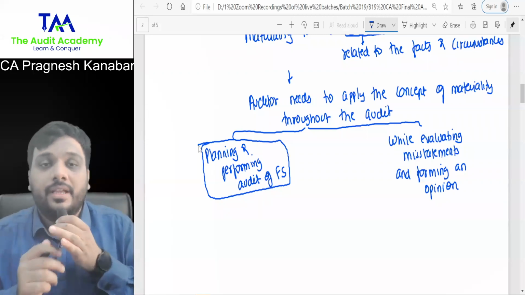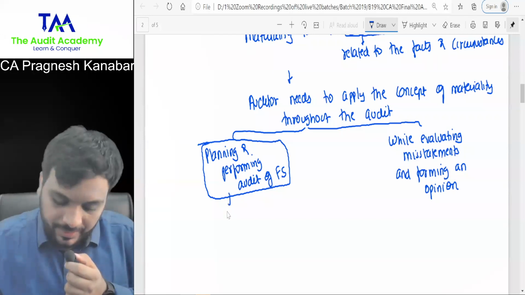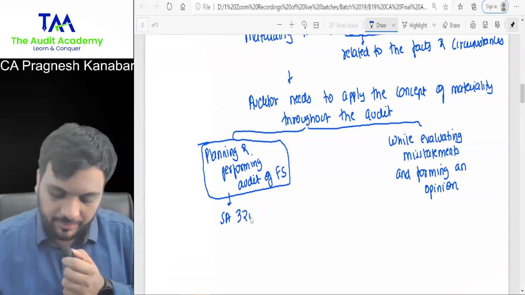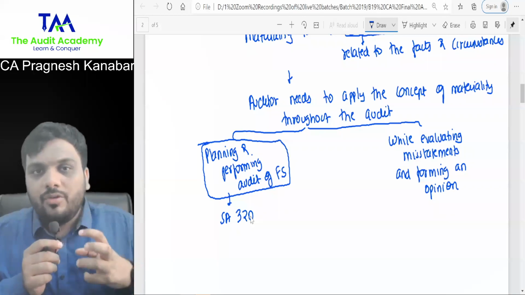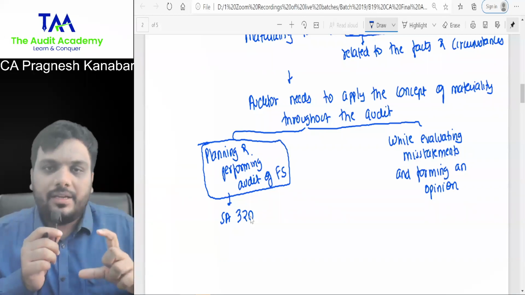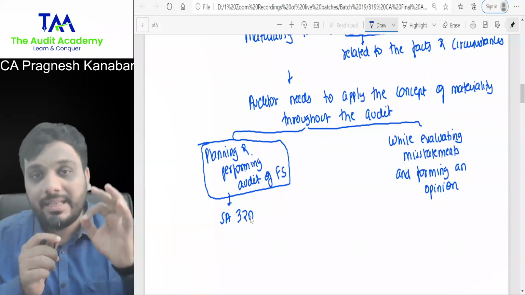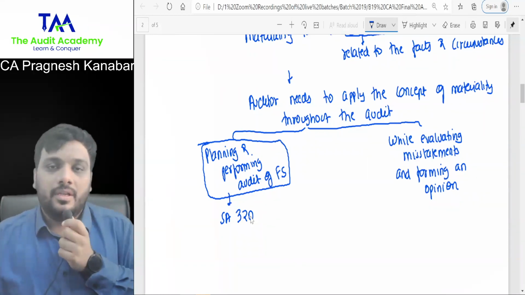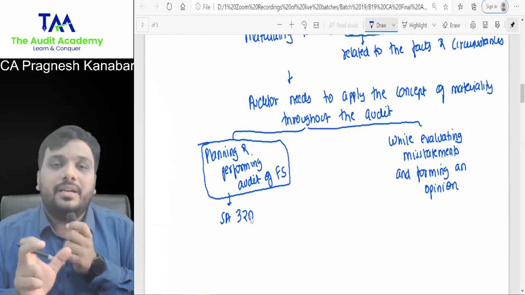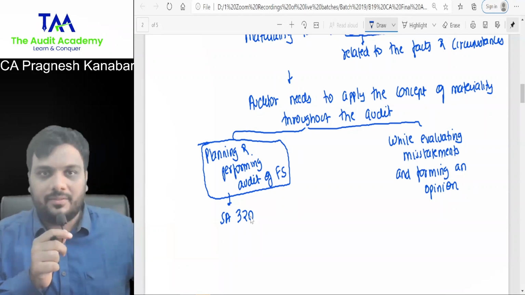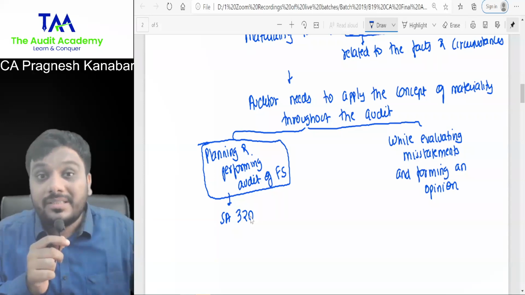All of that will be done in SA 320. Because when you apply the concept of materiality while planning and performing audit of financial statements, that is SA 320.